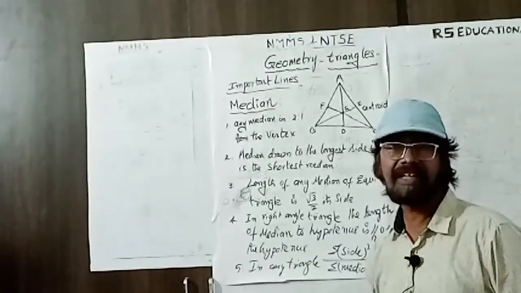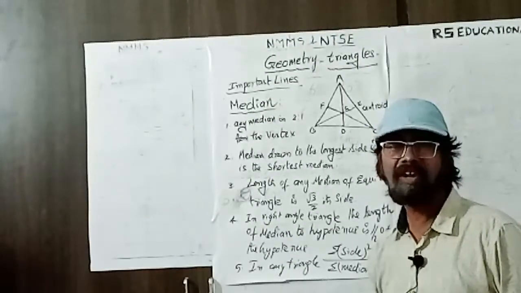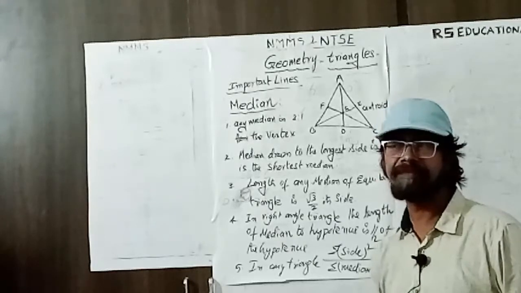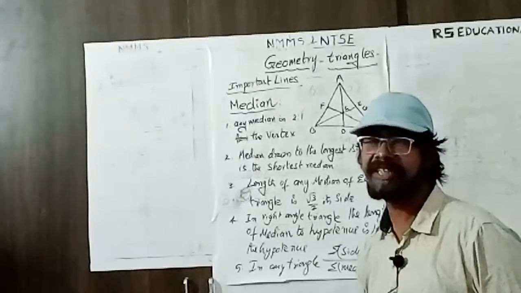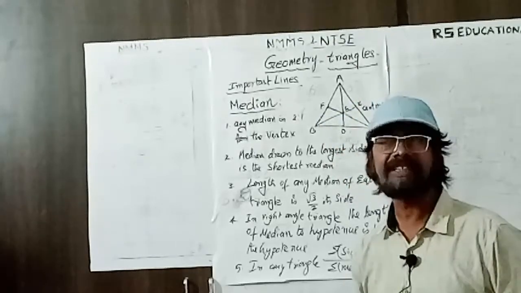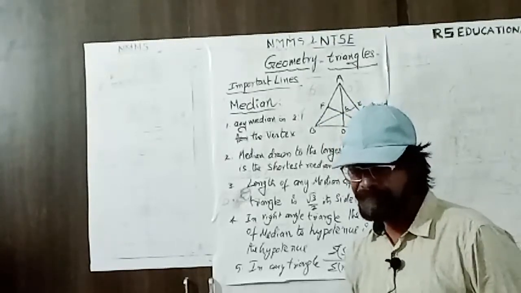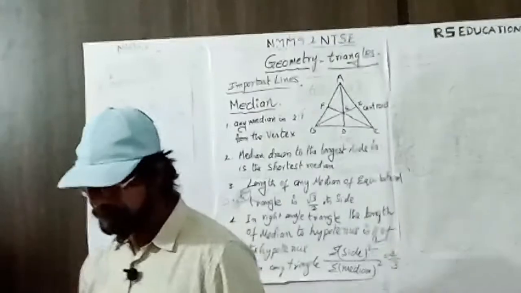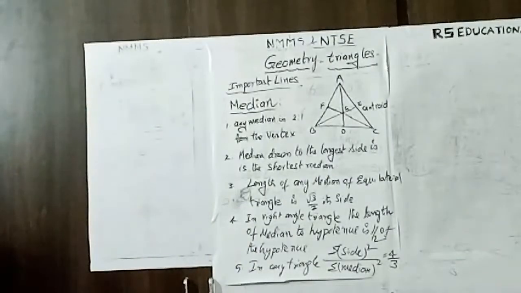If the angles are in the ratio 1:1:1, meaning 60 degrees each, then that triangle is called an equilateral triangle. If one angle is 45 degrees, another is 45 and the third is 90 degrees, then the sides are in the ratio 1:1:√2.